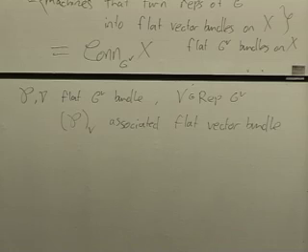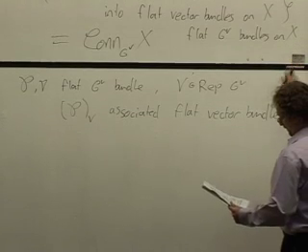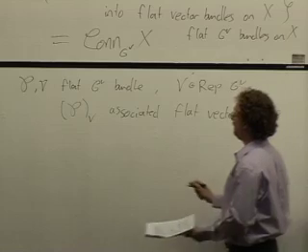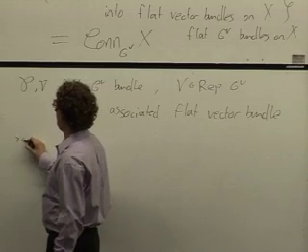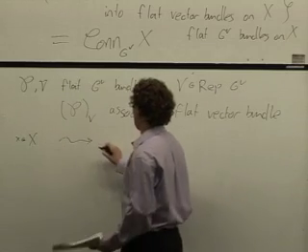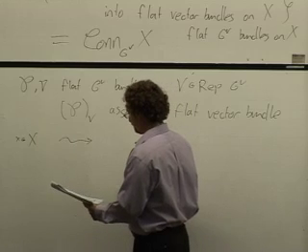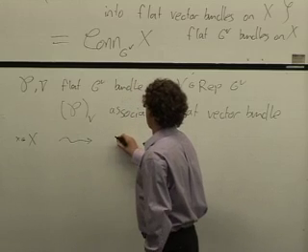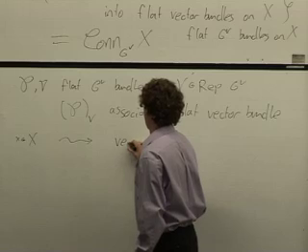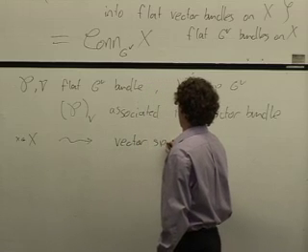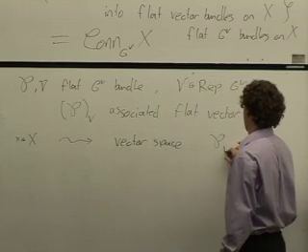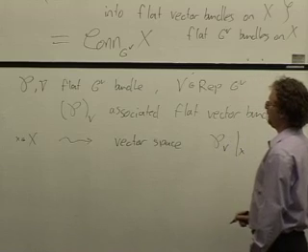And in particular, if you also give me a point x in X, I just get a vector space, which is the fiber, which is P_V at x.